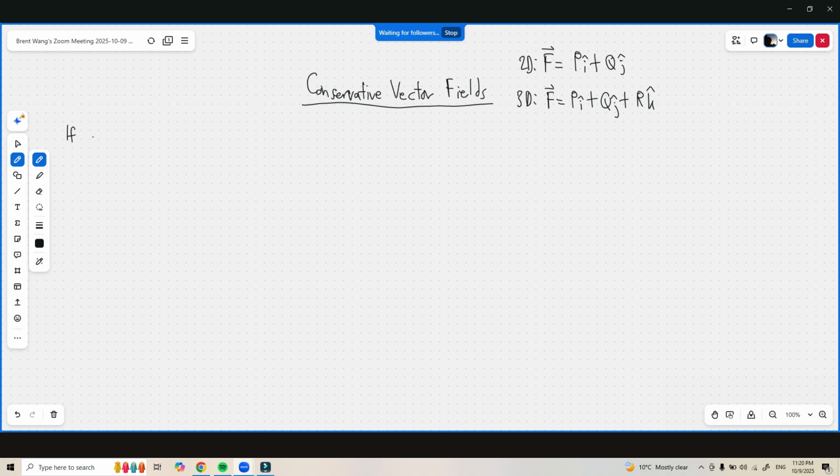If a vector field is conservative, there exists a scalar function, or just function, f, such that the vector field will be equal to this function's gradient.